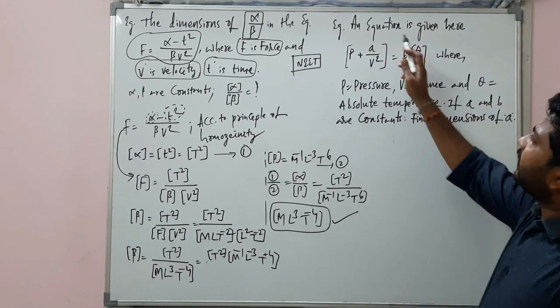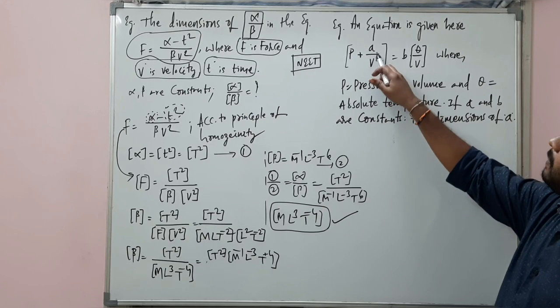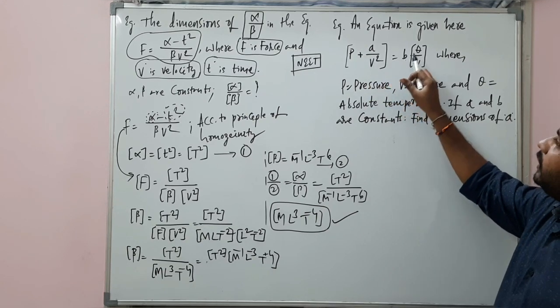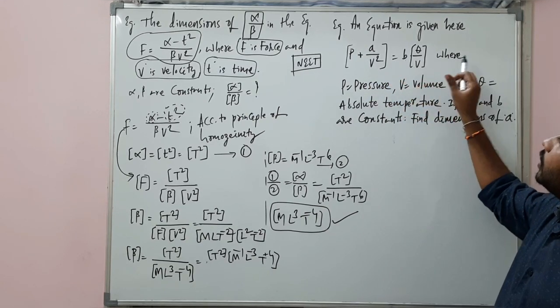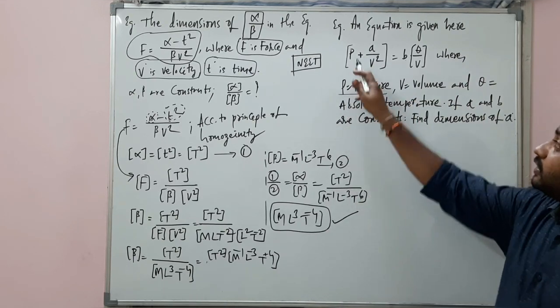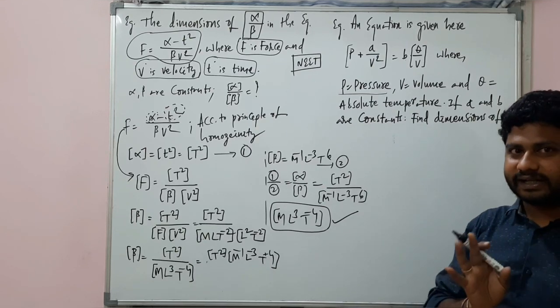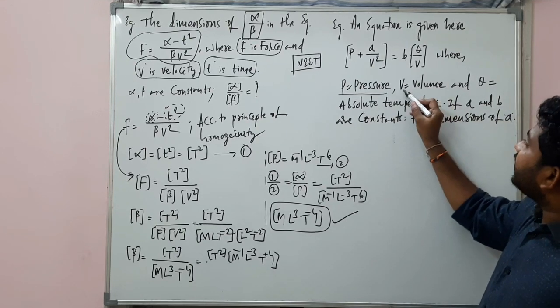Look at here. An equation is given in this way. P plus A by V square is equal to B into theta by V, where P is pressure. This P is pressure. It's not linear momentum, understand? So you should not consider it that way. And V is volume.